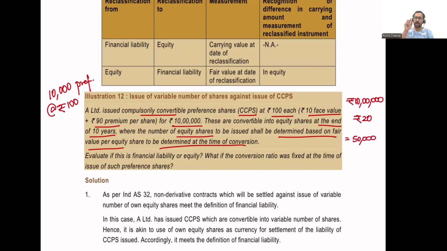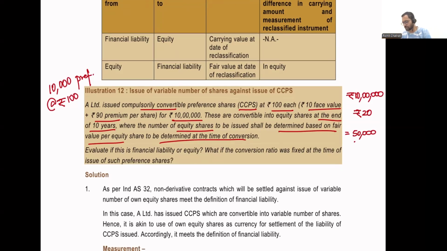So to convert 10,000 preference shares, we will be issuing 50,000 equity shares. The reason we are issuing more equity shares is because the fair value per equity share was only rupees 20. So to redeem this 10 lakhs, it will get converted into 50,000 equity shares.